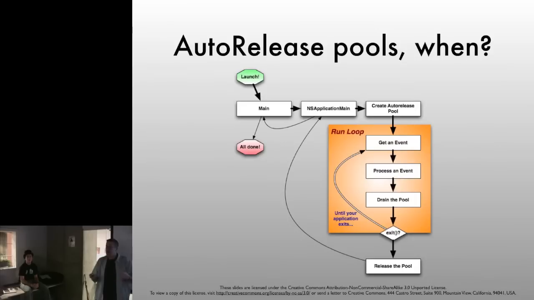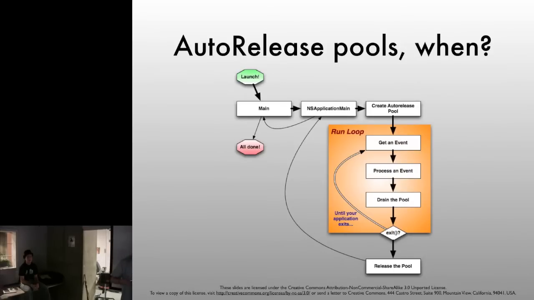Remember, OS 10 and iOS, the operating systems are all event driven and have been for a long, long time. So you are responsive to events coming in, whether they're idle events or actual user events or other.